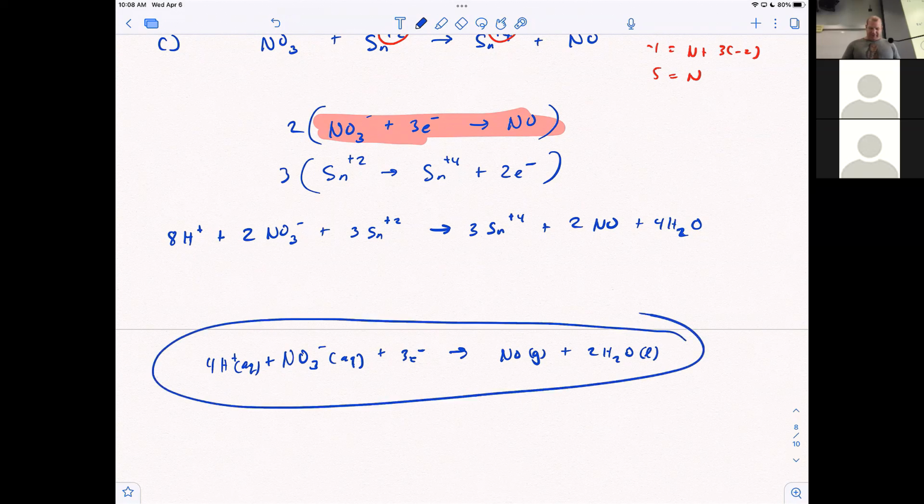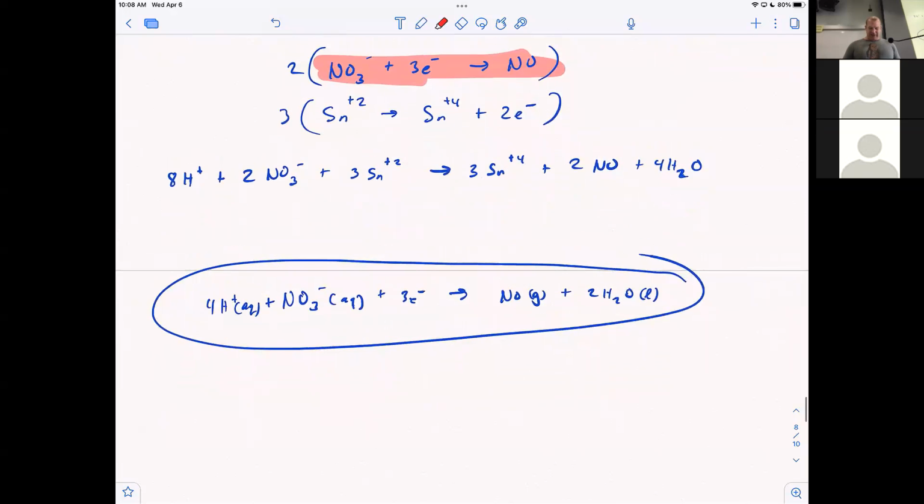Part of it, I wonder if your question also was, is this part right here absolutely possible? And even more so, the answer is yes, that is possible. You actually could take NO3 minus, like gas in space, and hit it with 3 electrons, and it could go to NO. It would also then generate O2, or more likely 2 oxygen radicals or something like that.